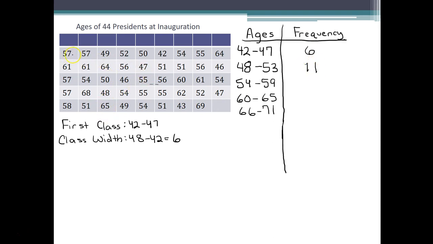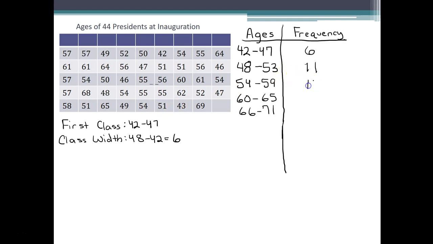54 to 59. 1, 2, 3, 4, 5, 6, 7, 8, 9, 10, 11, 12, 13, 14, 15, 16.